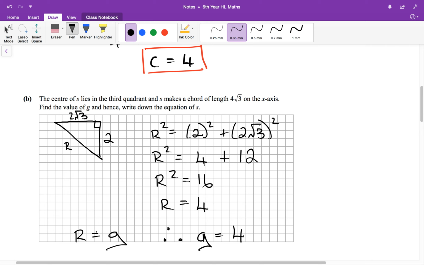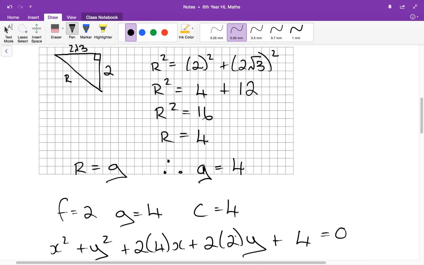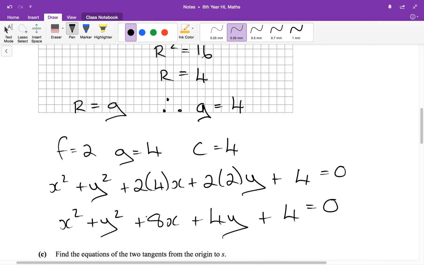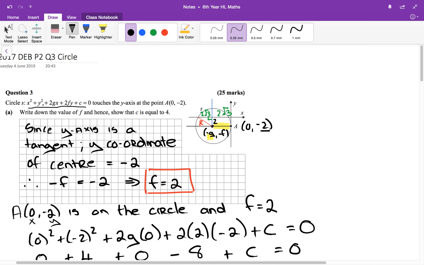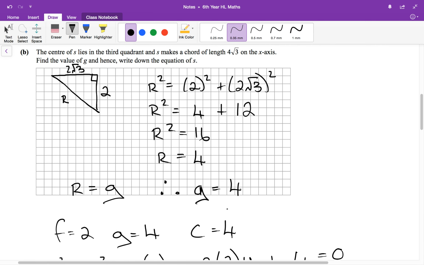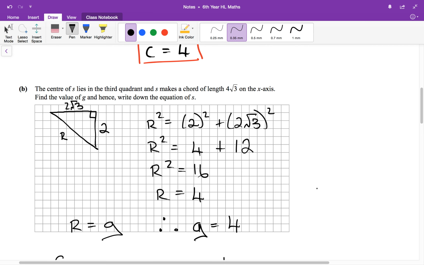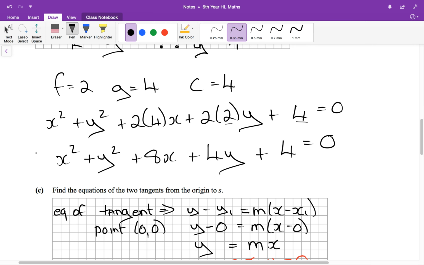And as I was saying up there, r is equal to g, so g is equal to 4. So then you have f equals 2, g equals 4, and c equals 4. I subbed into this formula up here again, x squared plus y squared plus 2 times g times x plus 2 times f times y plus c. Simplify it, and there's your equation of S.